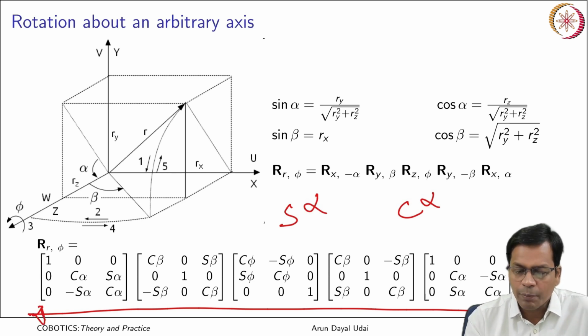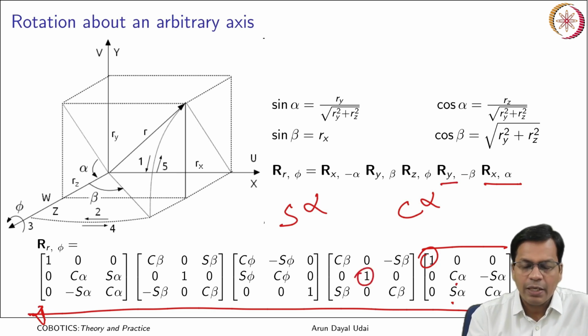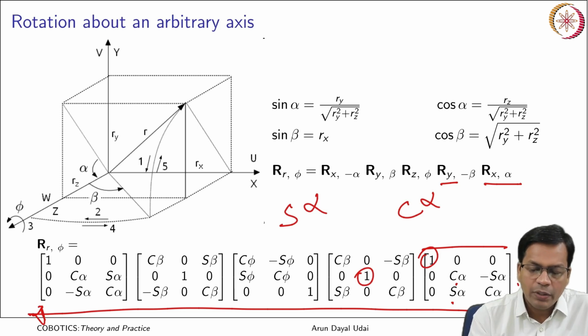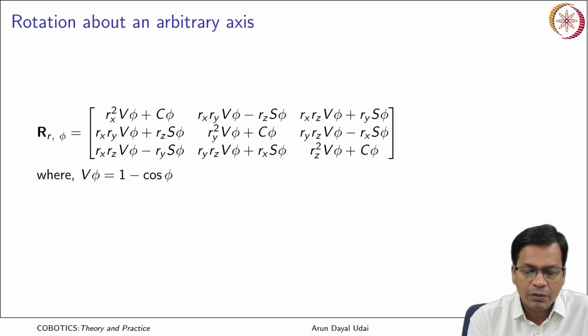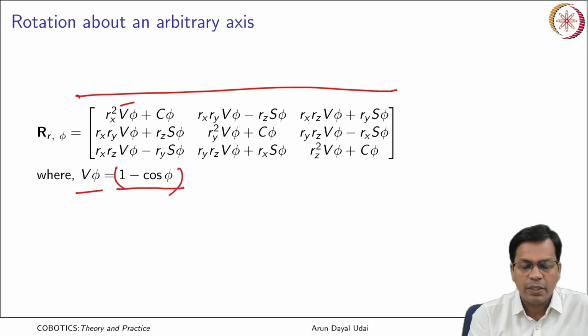They can be put in this order. So this is rotation about x by alpha: cos, minus sine, sine, cos. Similarly, rotation about y by minus beta. All the matrices are arranged this way. Upon taking the product of them, I got to this, where v phi, the versine phi, is equal to 1 minus cos phi. So wherever you find v phi, it is actually equal to this.